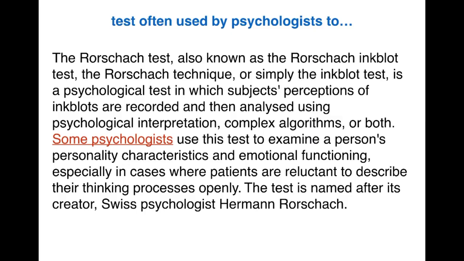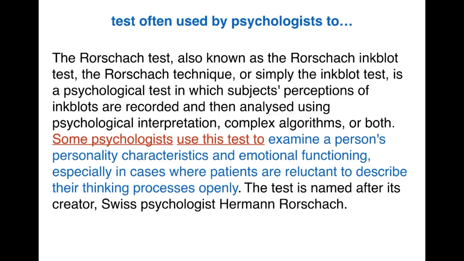So some psychologists use this test to examine a person's personality characteristics and emotional functioning, especially in cases where patients are reluctant to describe their thinking processes openly. So we've found the right part of the passage here, definitely.